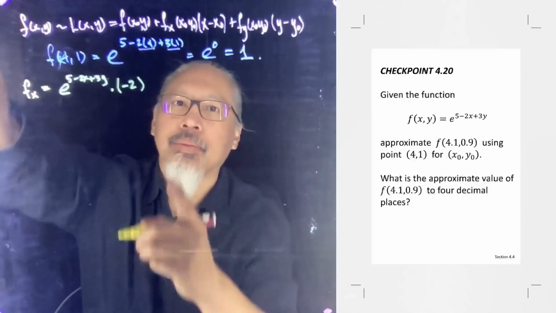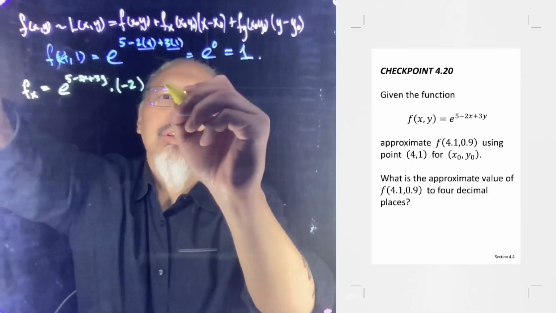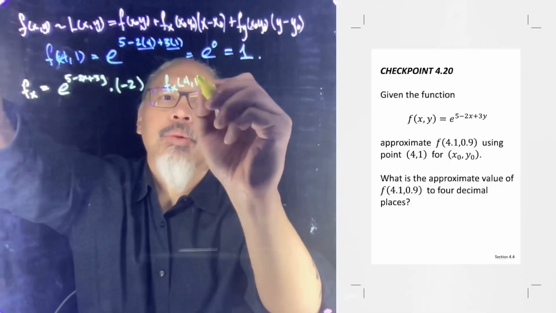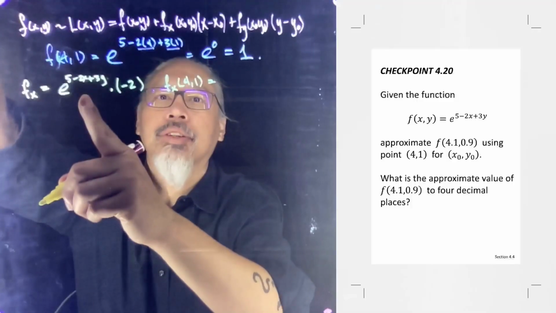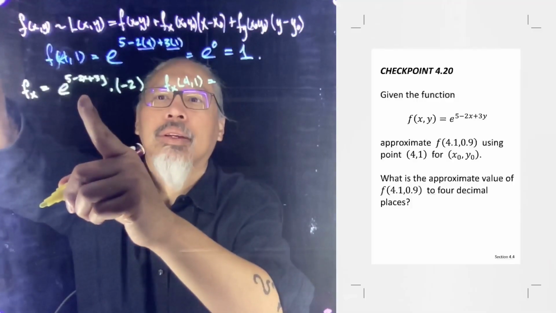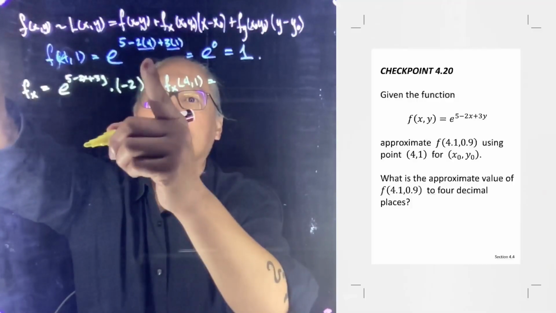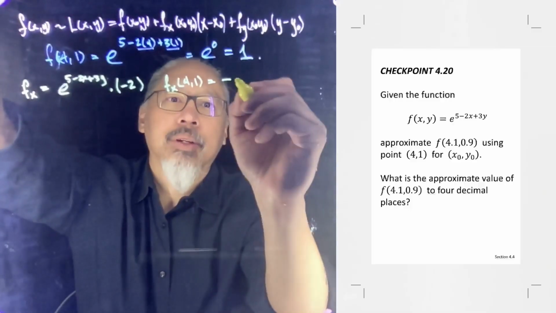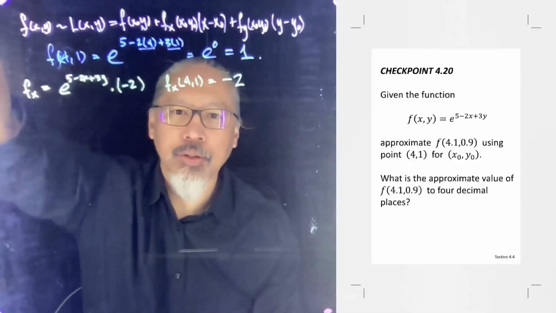All right, and then we need to evaluate f sub x at 4 comma 1, and the exponential function is just going to be 1 when you put the 4, 1 in. We just saw that from the first step, and so we're going to get just the constant negative 2.